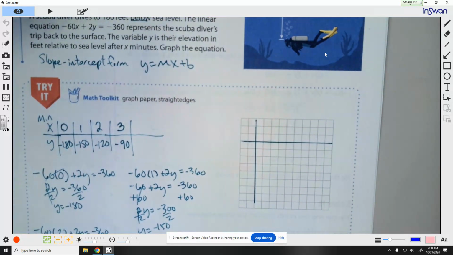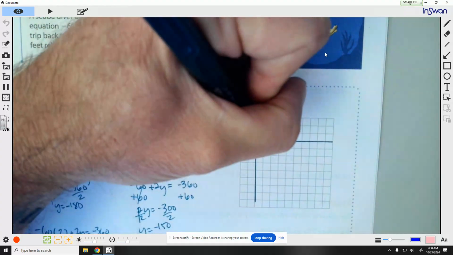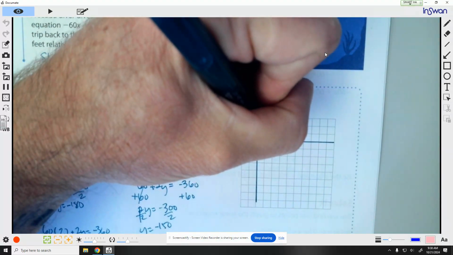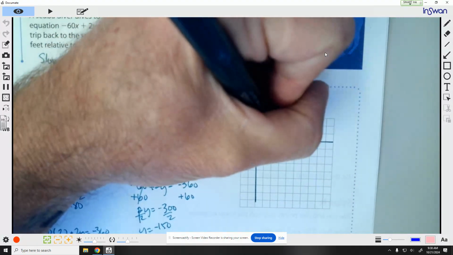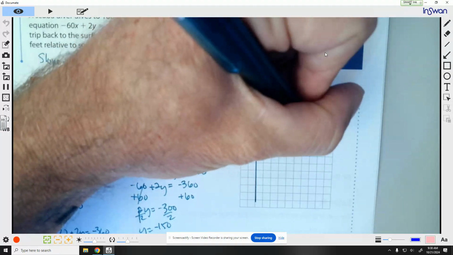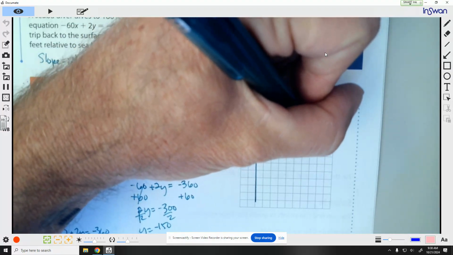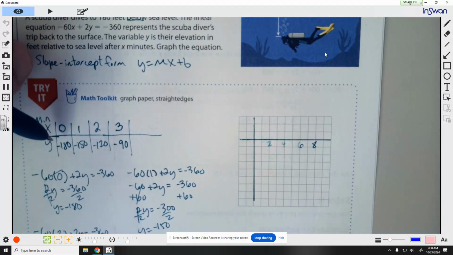Okay, and if I'm looking at these numbers that we're talking about, my x's, I can space those out, 0, 1, 2, 3. So maybe I'll just label every other box, because this would be 0, 1, 2, 3, 4, 5, 6, 7, 8. But my sea level, these are pretty big numbers, so I need to scale that appropriately.